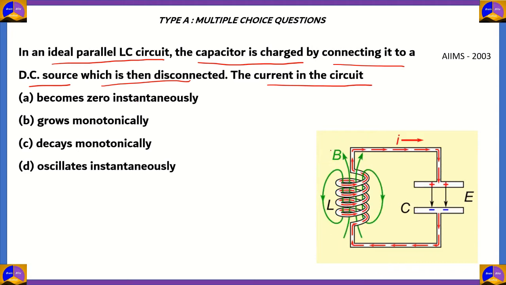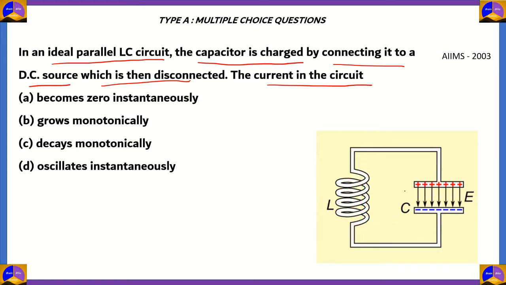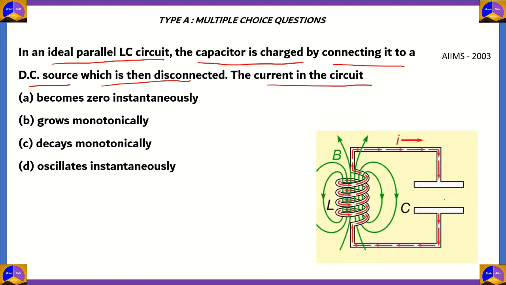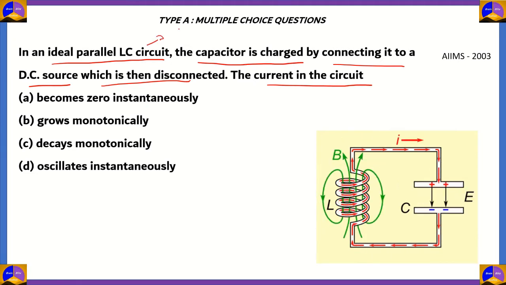So over here, you can see that a capacitor is connected to an inductor in this circuit. There is no potential source. However, it is worth noting that the capacitor initially was fully charged before it was connected to the inductor. So what essentially happens here is a phenomenon known as LC oscillations.